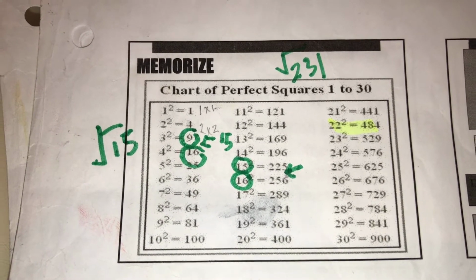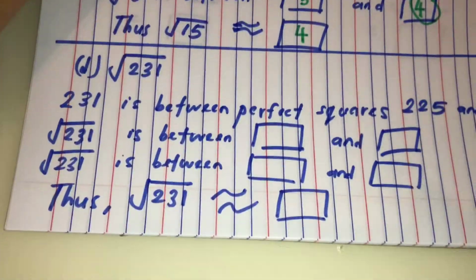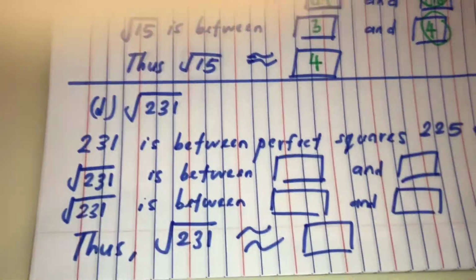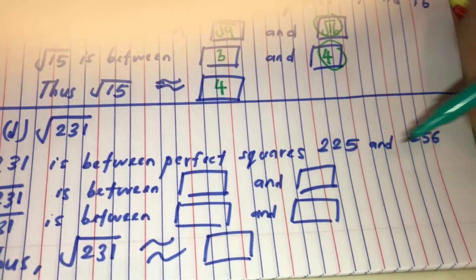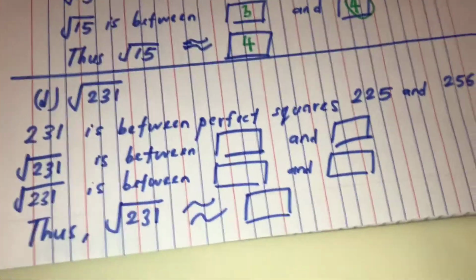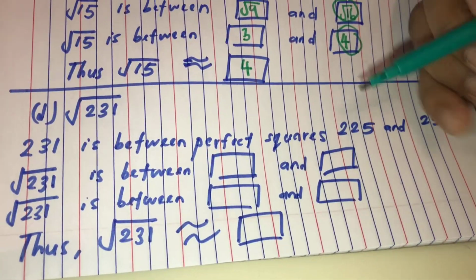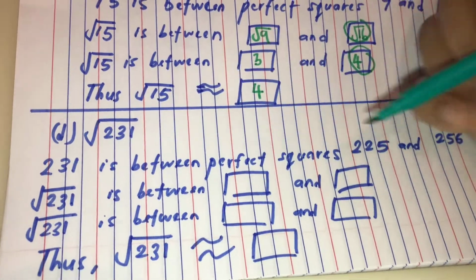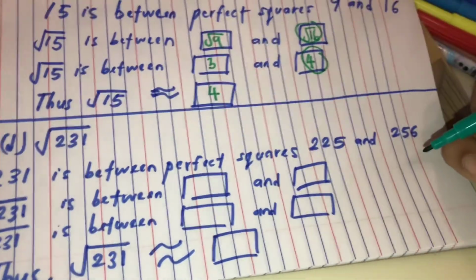225 and 256. So here 231 is between perfect square 225 and 256. The question gives you here. If the question does not give you, you have to choose which one is the nearest value. So square root 231 is near to 225 and 256.